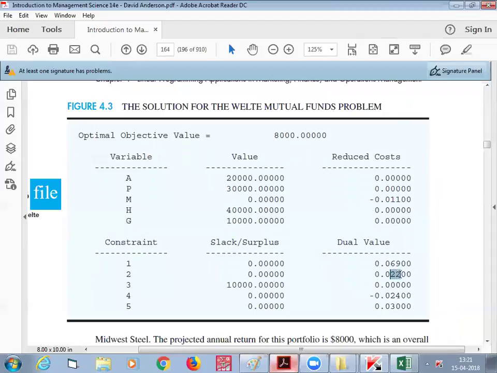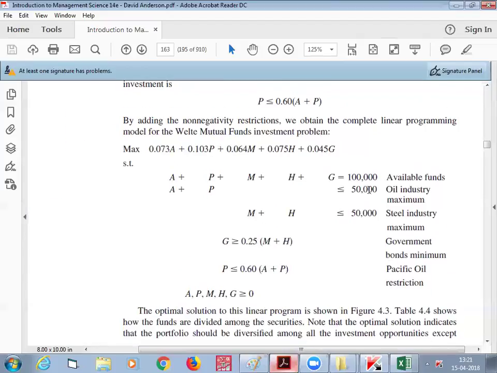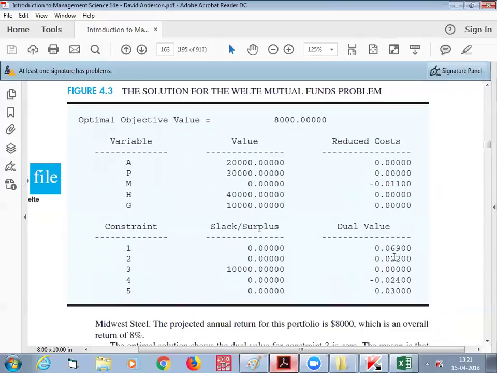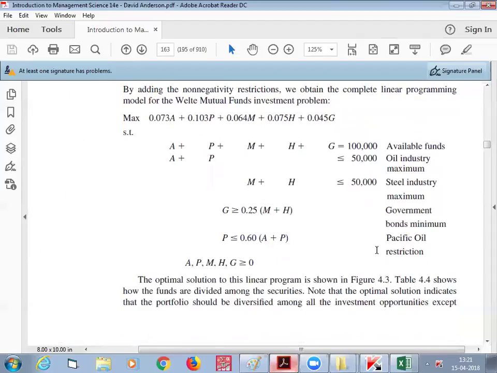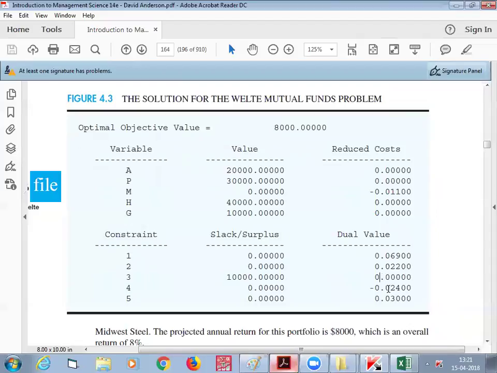Now, this is the rate of return if we increase the investment available for oil industry. So if we increase this without even changing the available funds, we can increase the rate of return by 2.2%. Okay? Notice we are not using up all the investment in steel, and that's why this has 0 dual value.